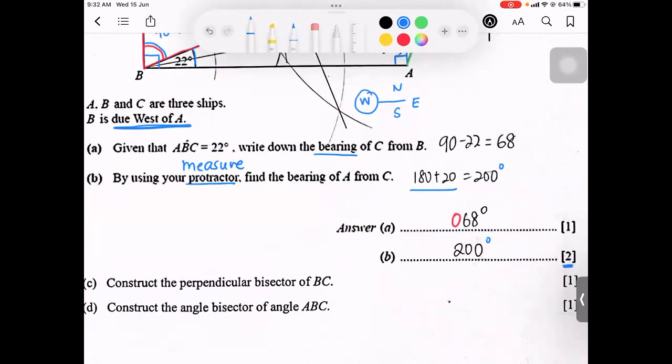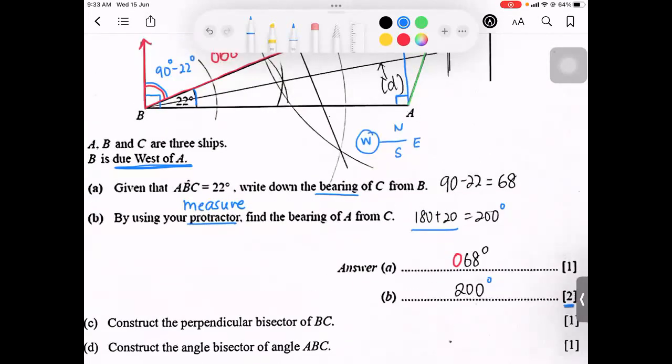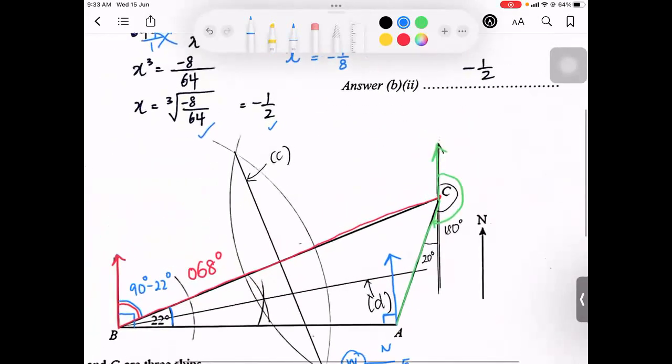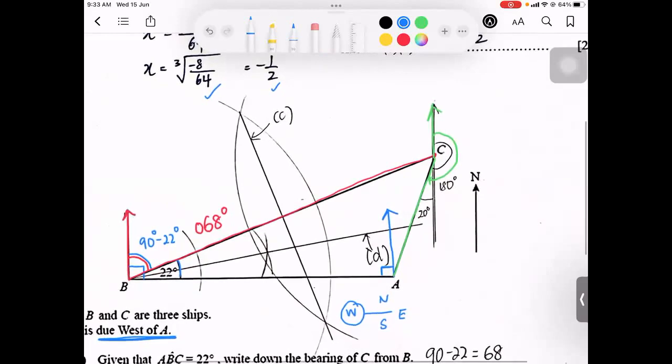Next one, construct the perpendicular bisector of BC. So the red color is the line BC. Now there is a very bad habit, some of you only do halfway, you only have one half of the cross over here. Then you use this midpoint and try to draw a line. Sorry, we want to see the whole working.